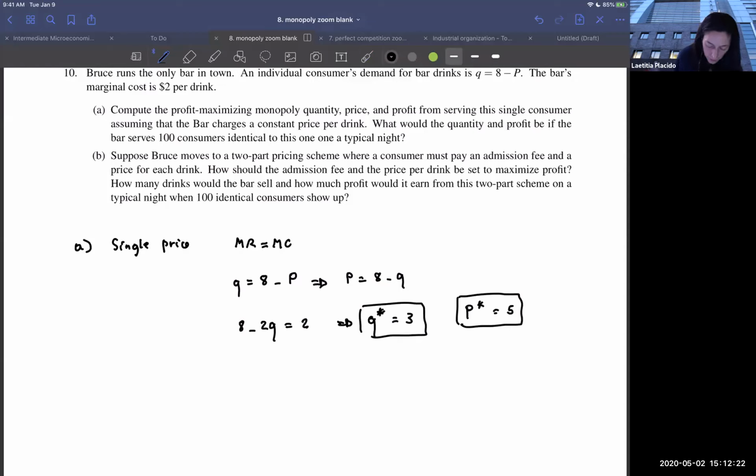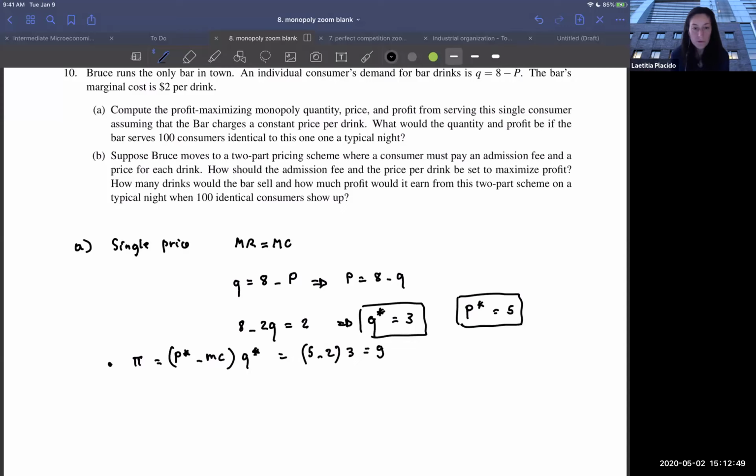So what is the profit the monopolist gets from that particular consumer? Well, that's P star minus marginal cost times Q star, which is 5 minus 2 times 3. So that's 9.